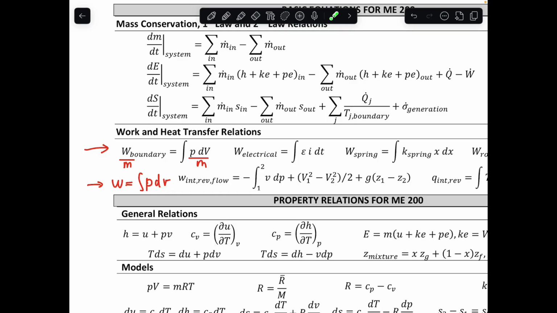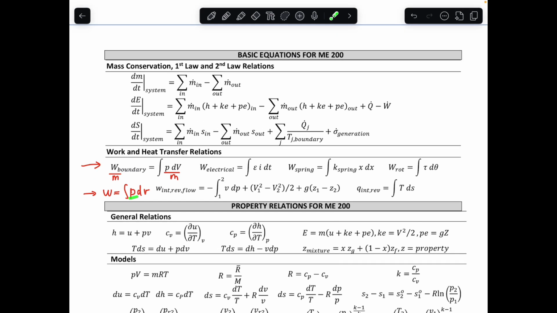That's the equation we're going to use, because we have information about specific volume in our chart, and we solve for pressure as well. So we can use that to solve for specific work.